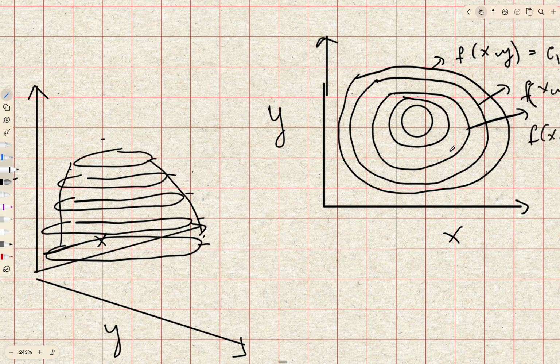Should we go this way? Should we go this way? Or which way? Of course, we should go this way, because this way will be the fastest, because the distance is less.